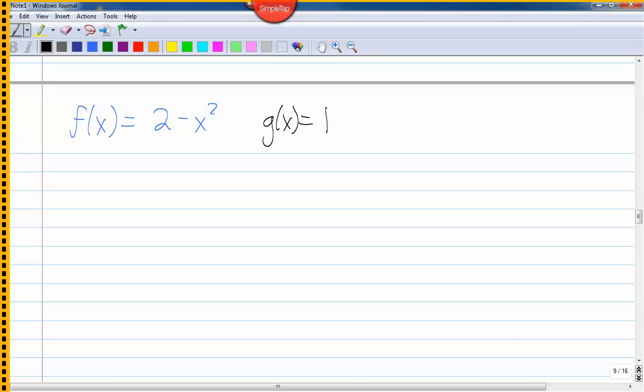And I want to take the region that's bounded by those two graphs, and I want to revolve that region about y equals 1.